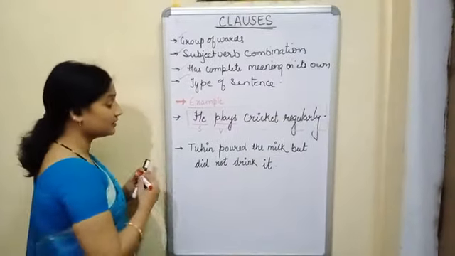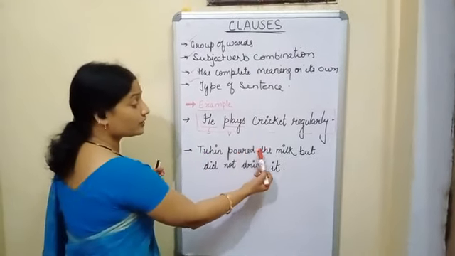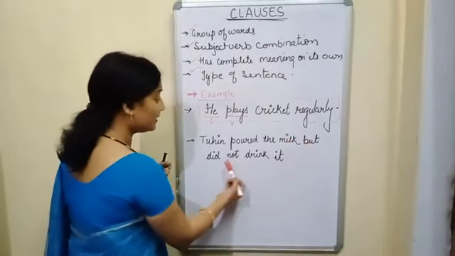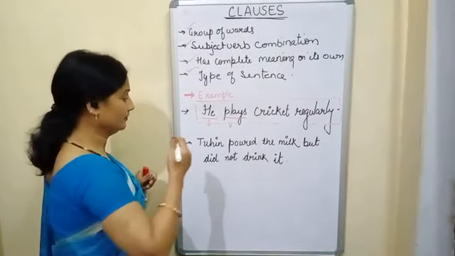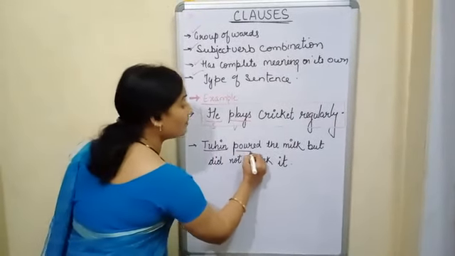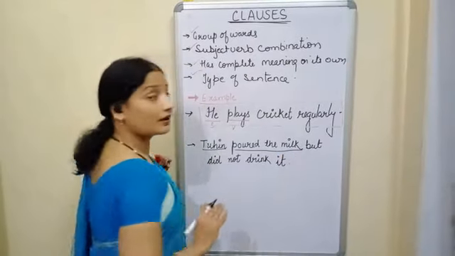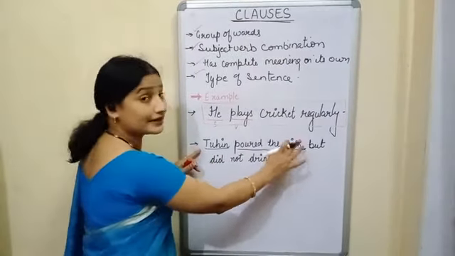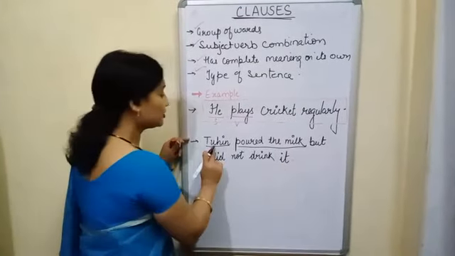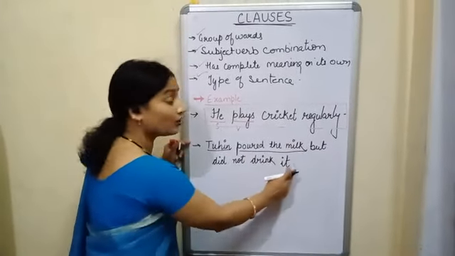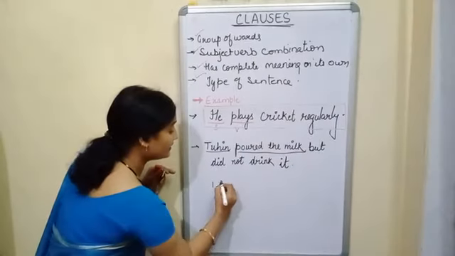The example is, Tuhin poured the milk but did not drink it. Now see here. Tuhin poured the milk. One complete sense. And the full sentence is, Tuhin poured the milk but did not drink it. This is one sentence.